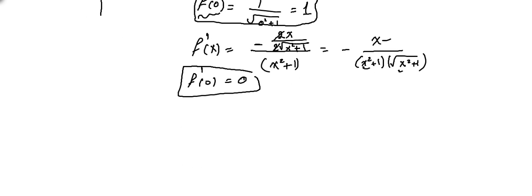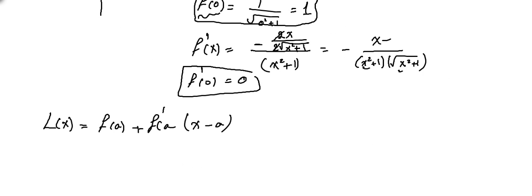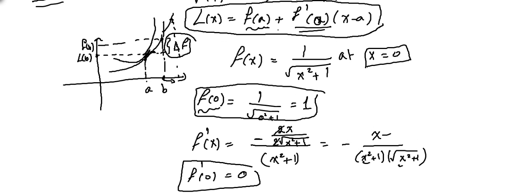Again, let me find the L of x. He wants me to find the linearization of f of x. This means he needs me to find L of x, which is f of a plus f prime of a into x minus a. That's what he said over here, right?